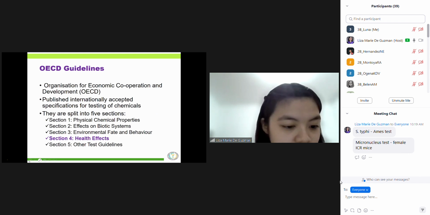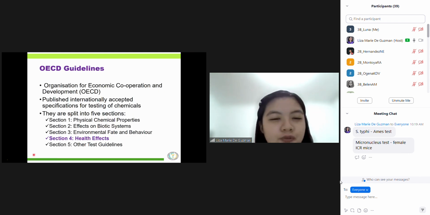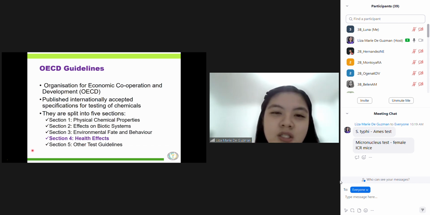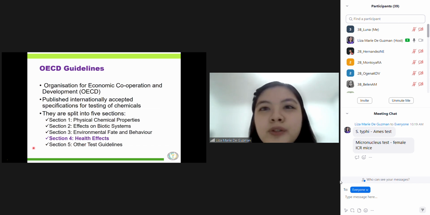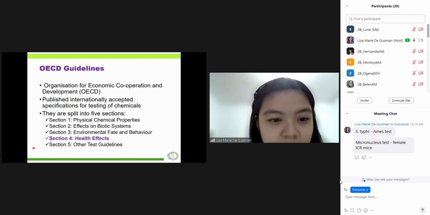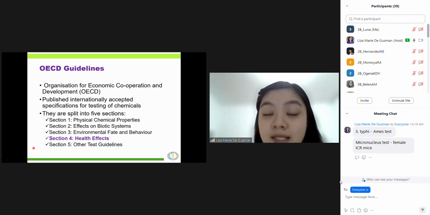Next would be, for the protocol that you have to follow, let's say if you want to perform toxicity testing in your future study, maybe if not now, in the future, if you pursue graduate school or become a researcher. One of the references that we consult would be the OECD. This is an internationally accepted specification for testing of chemicals.